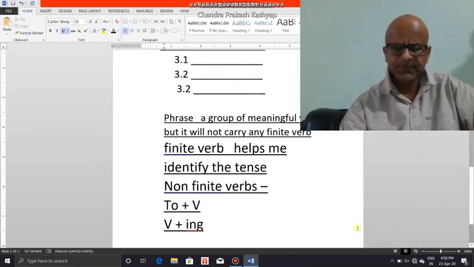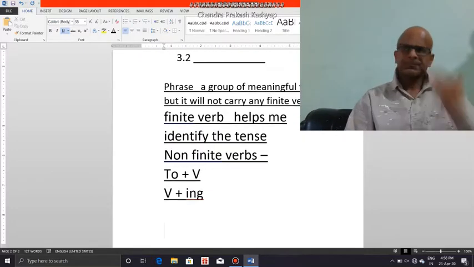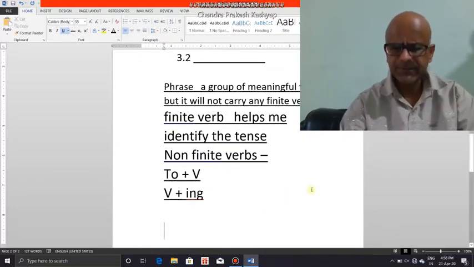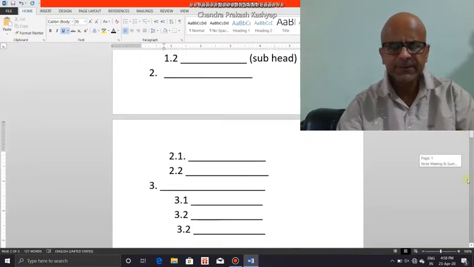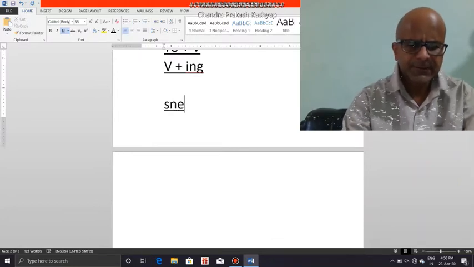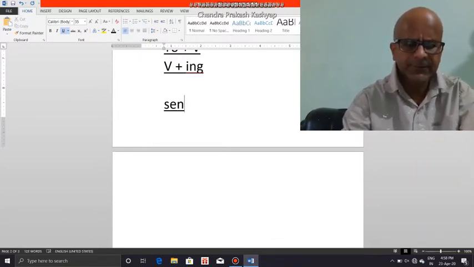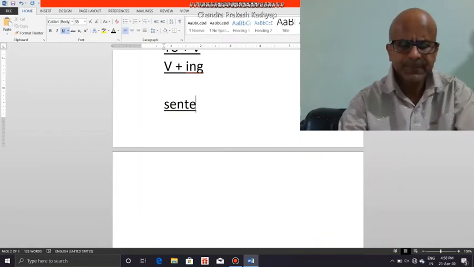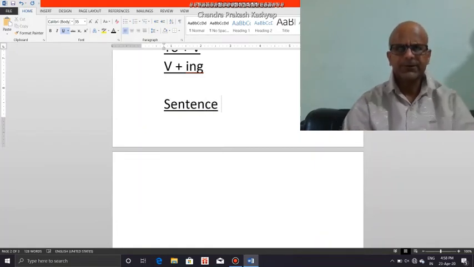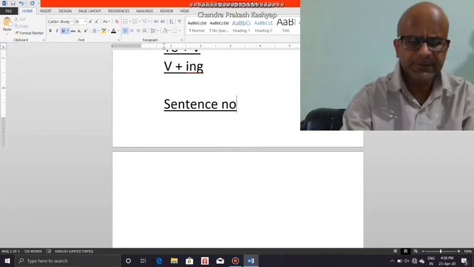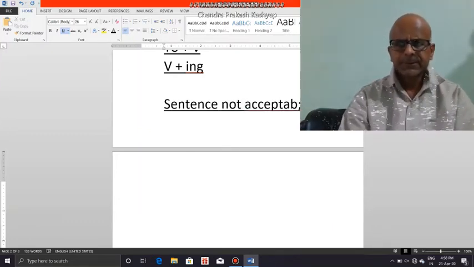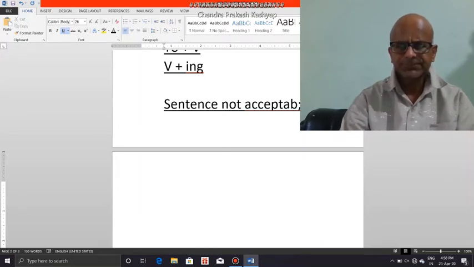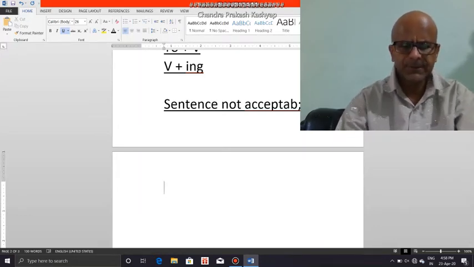So the reason you need to understand this is because you cannot write a sentence against any of these blanks. Sentences are not acceptable at all.